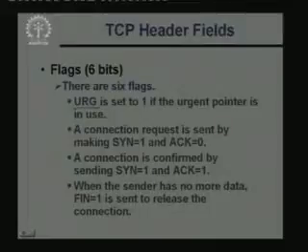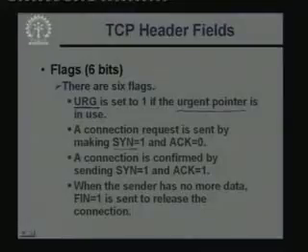There is an urgent flag, URG. This is set to 1 if the so called urgent pointer is in use. The urgent pointer actually points to some segment in the data which can contain some very important information for the receiver. So, if the urgent flag is set to 1, the receiver can immediately take out that urgent data and process it.